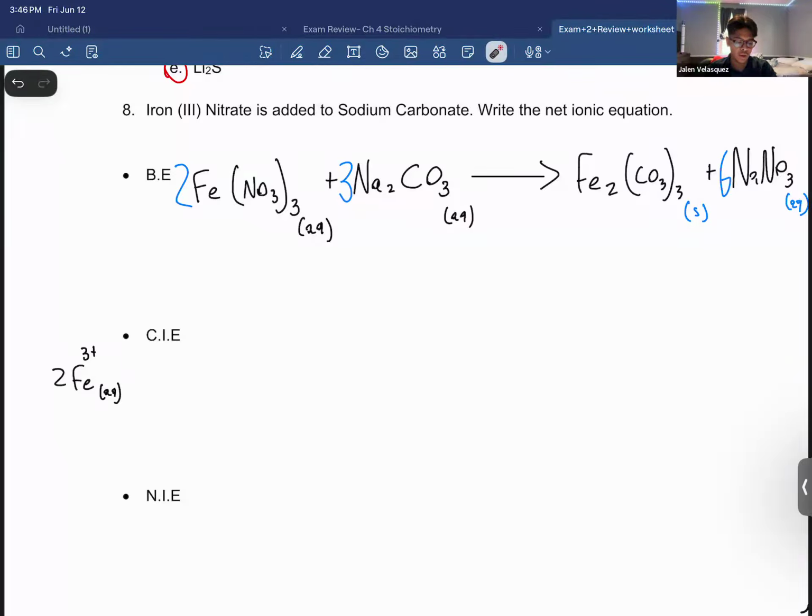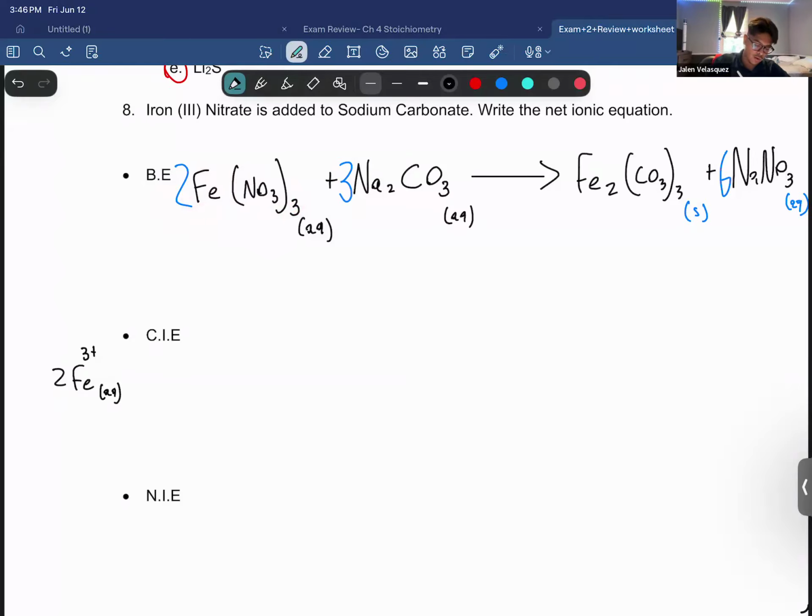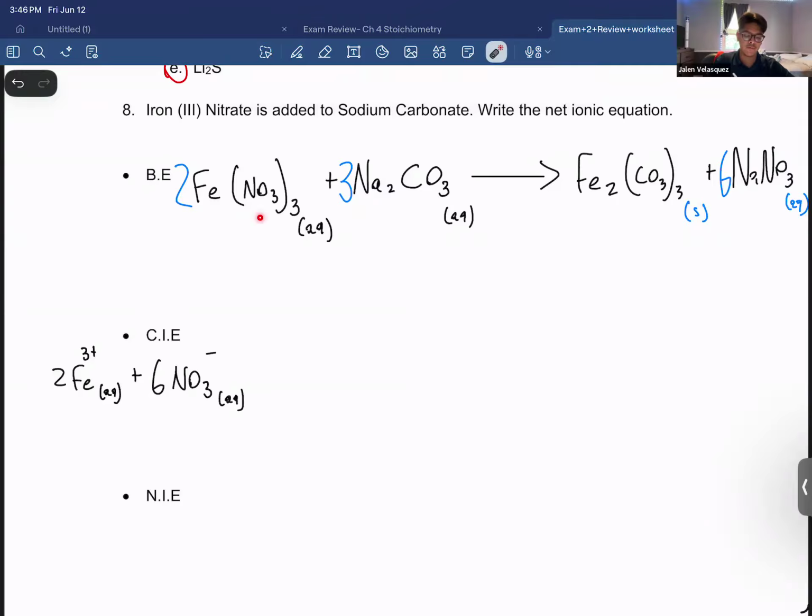You have a subscript of 3 for nitrate and a coefficient of 2 in front of the whole chemical formula, so these will multiply to each other. So we're going to have 6 NO3 minus, and that takes care of our first reactant.